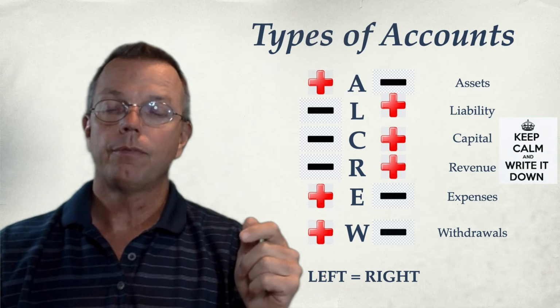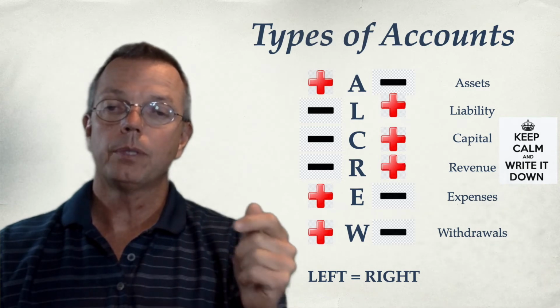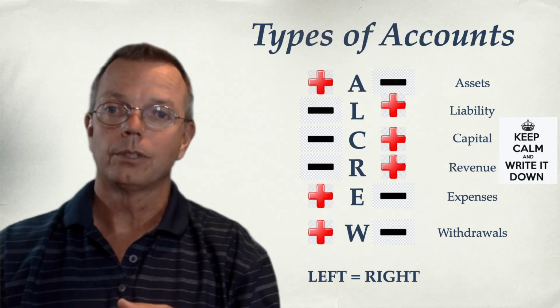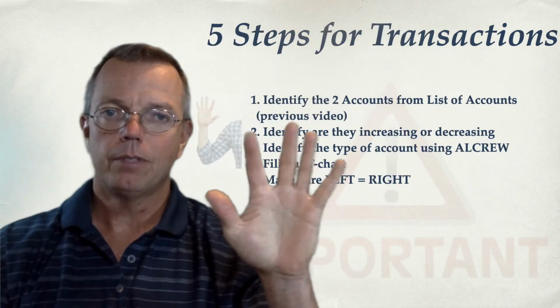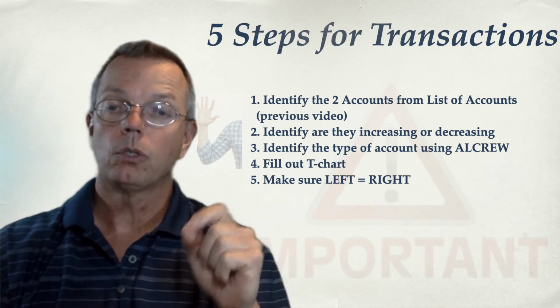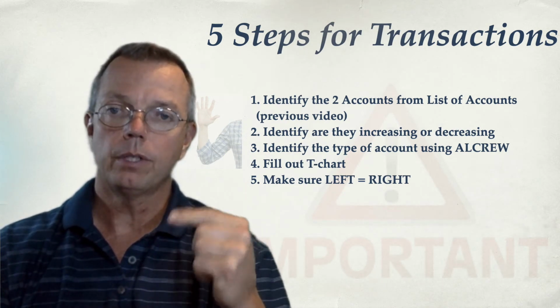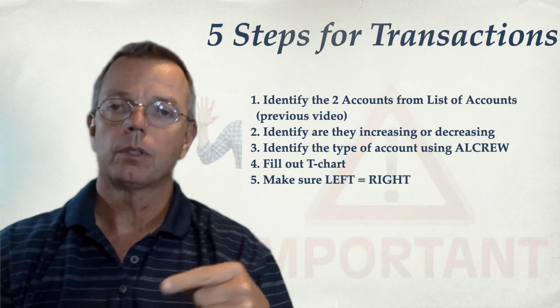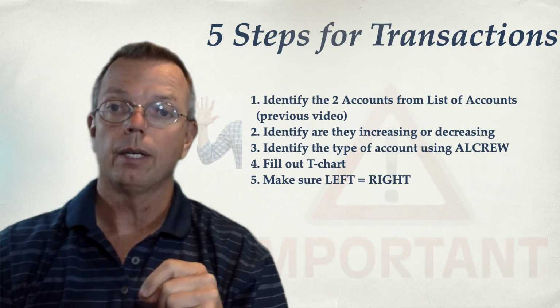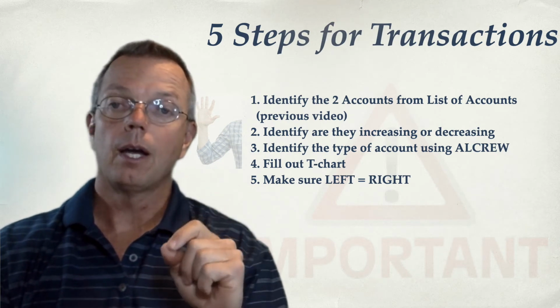So let's look at a few tips and steps for how to deal with transactions. Here are the 5 steps for doing transactions. My suggestion is to write these down when you're getting ready, and follow the steps until you get really comfortable and create behaviors that make it easy. You become really consistent at it, because usually you miss steps, and that's when mistakes are made.